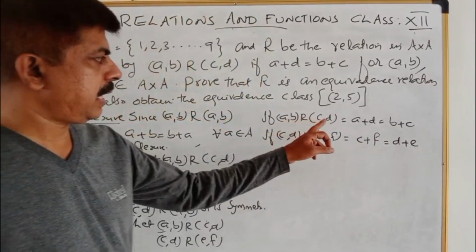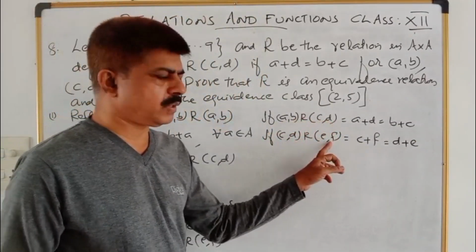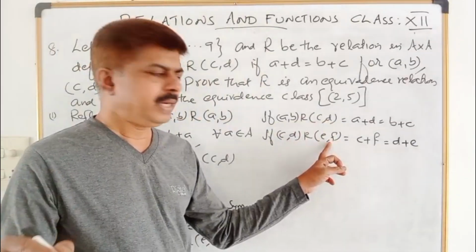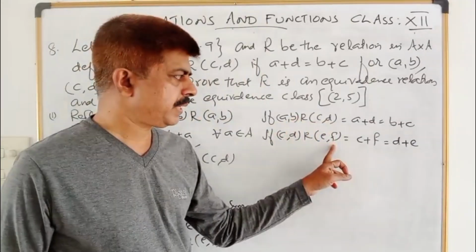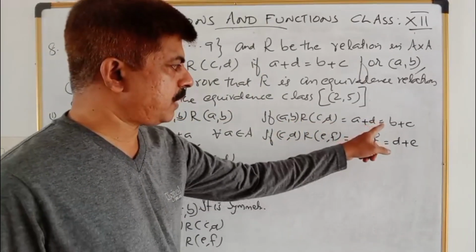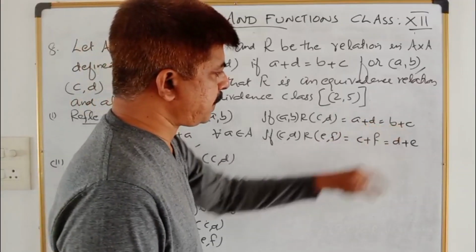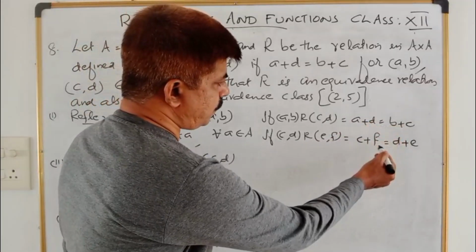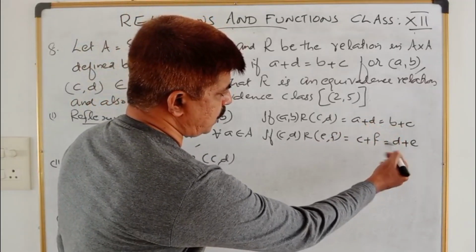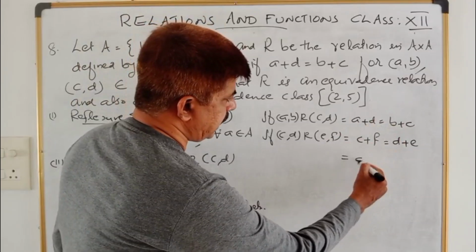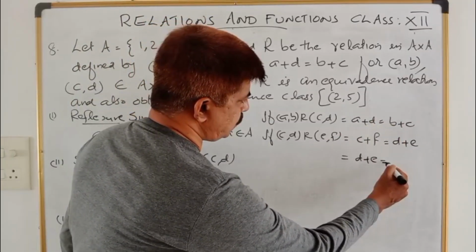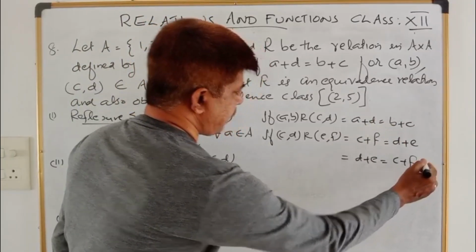Now (a, b) related to (c, d), (c, d) related to (e, f). We should prove (a, b) related to (e, f). So what should be done? This a plus d equals b plus c, as it is, you write. Now we just change the order here. This can be written d plus e equal to c plus f.